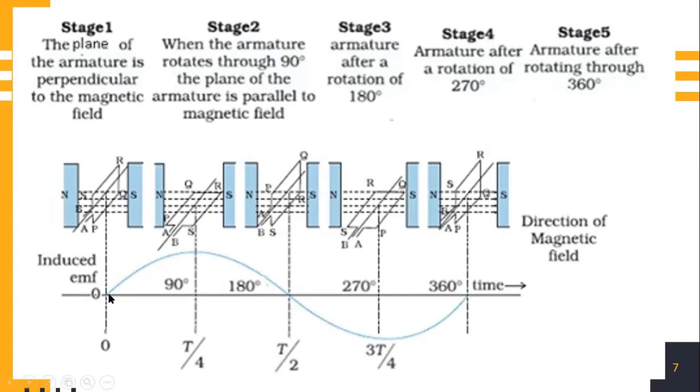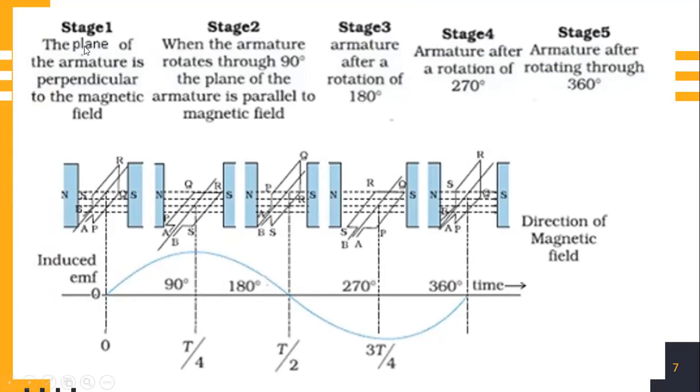The graph between time and induced EMF. You see this vertical line shows the induced EMF and this horizontal line shows the time, and this is the direction of the magnetic field.